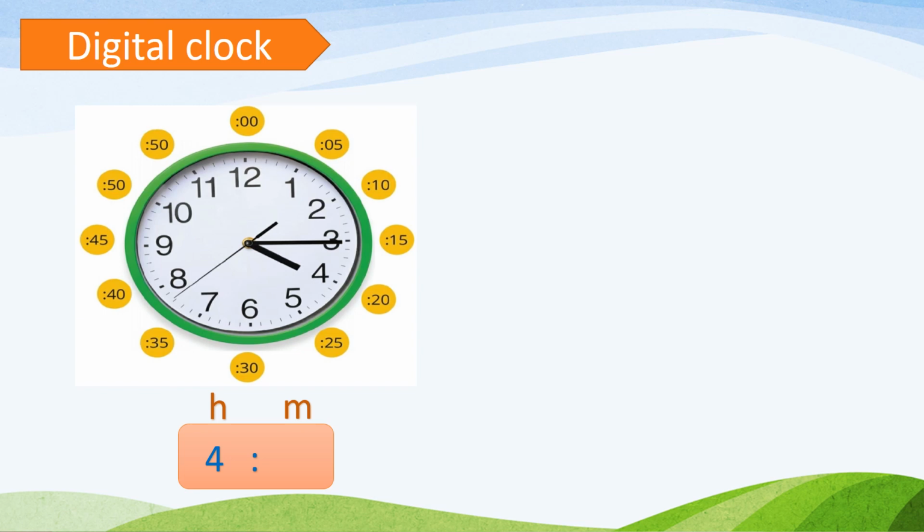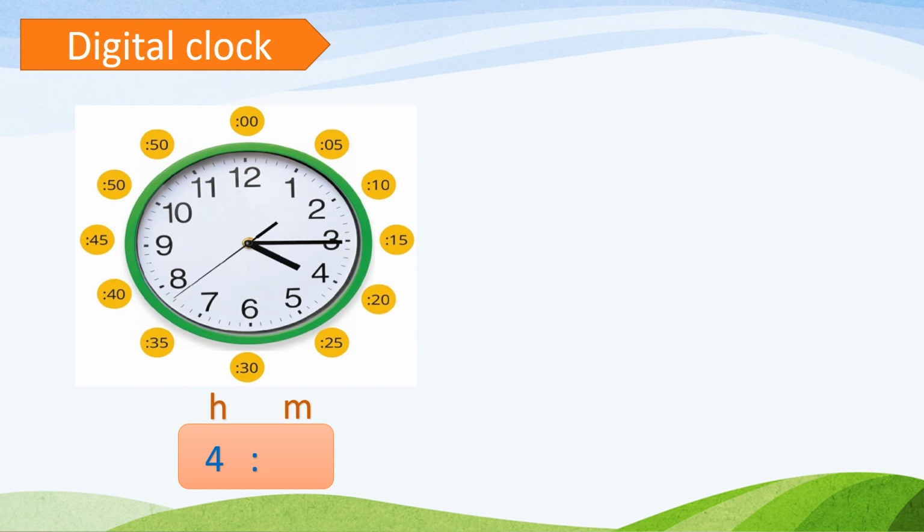When the long hand moves from number to another number, it means 5 minutes. Okay? When the long hand moves from 12 to 1, it means 5 minutes. And from 1 to 2, it means also 5 minutes. And from 12 to 2, it means 5 and 5 equal 10 minutes.